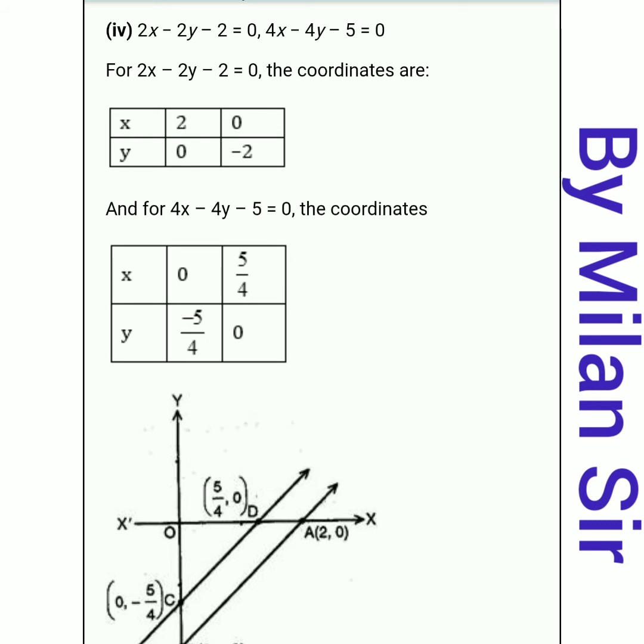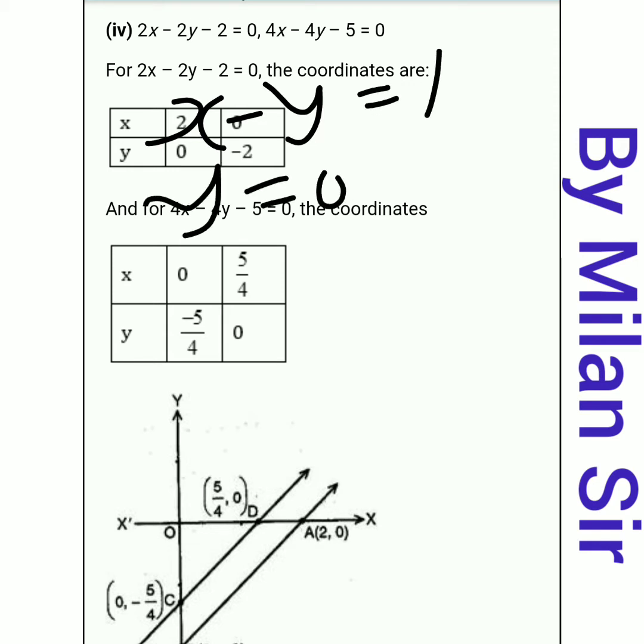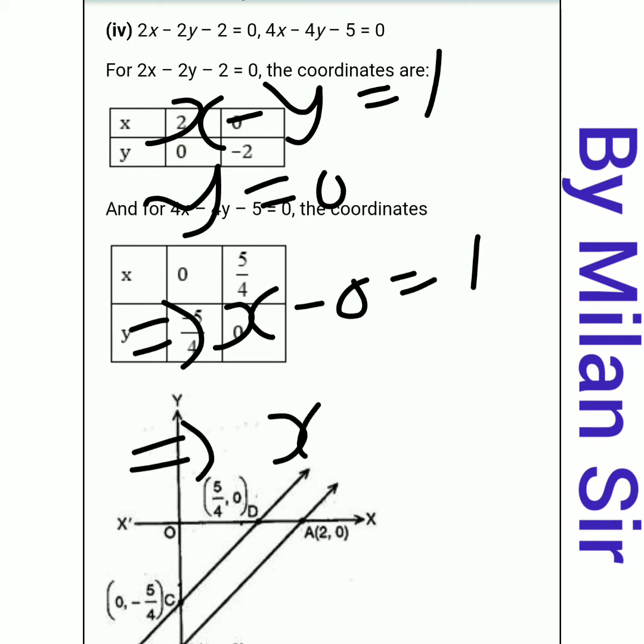Then again write the equation, x minus y is equal to 1. Now put y is equal to 0. Then x minus 0 is equal to 1, so x is equal to 1.